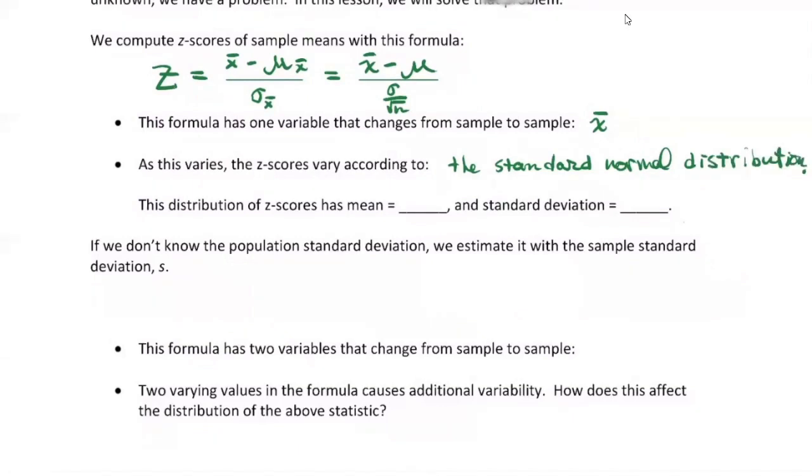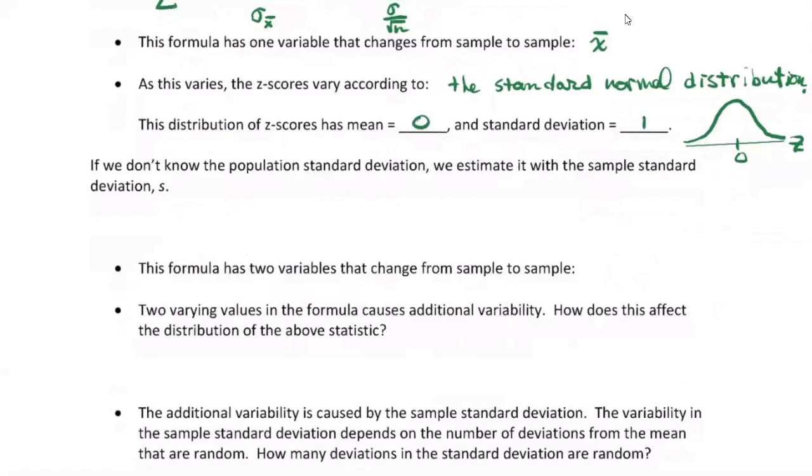It's the bell curve of z-scores that is a little special because the mean is 0 for z-scores and the standard deviation is 1. That's only when you take the z-scores, okay?